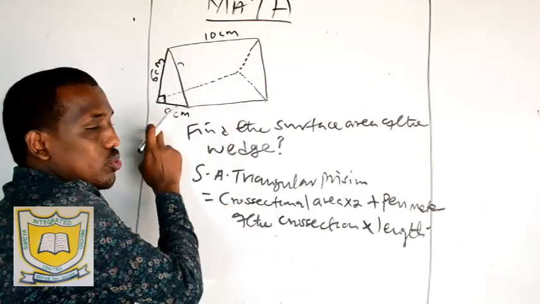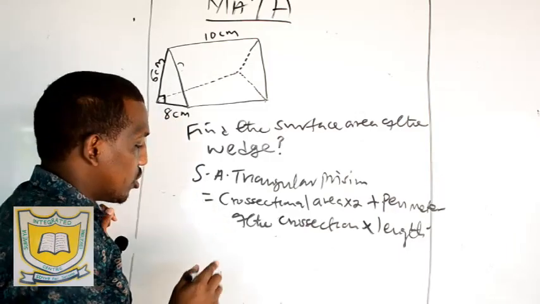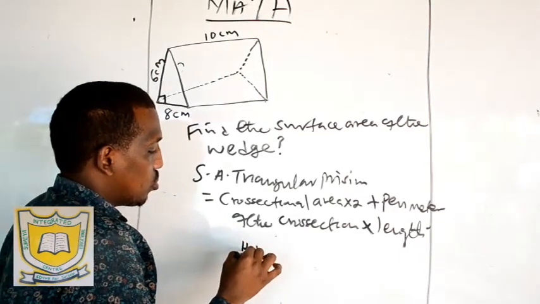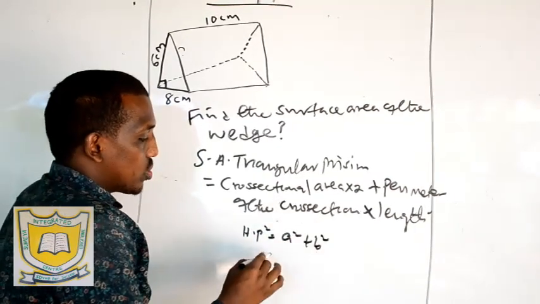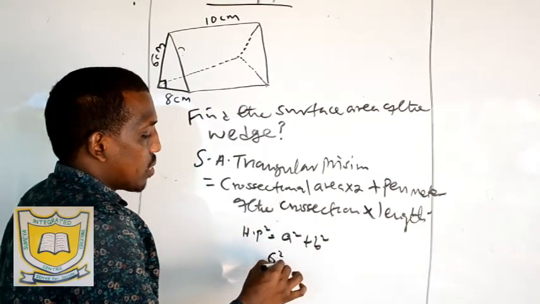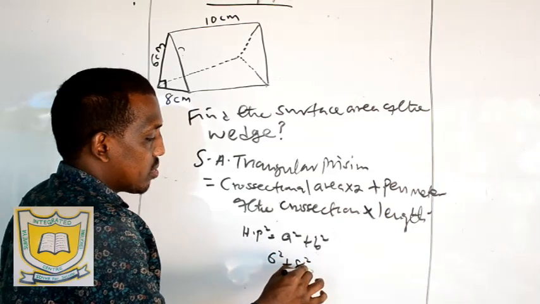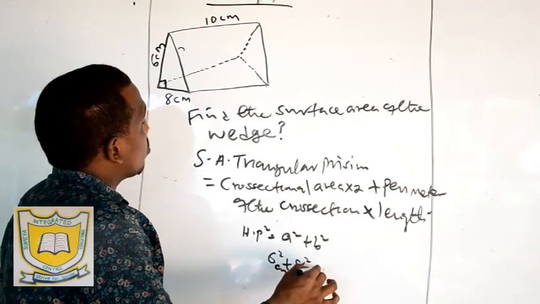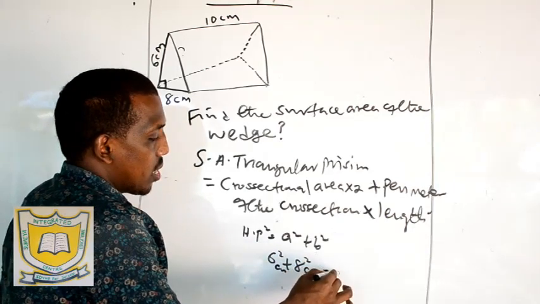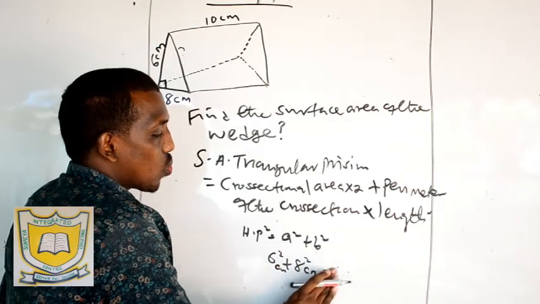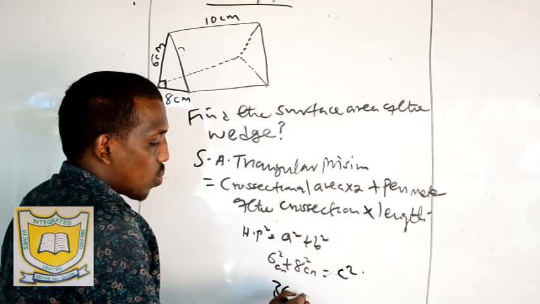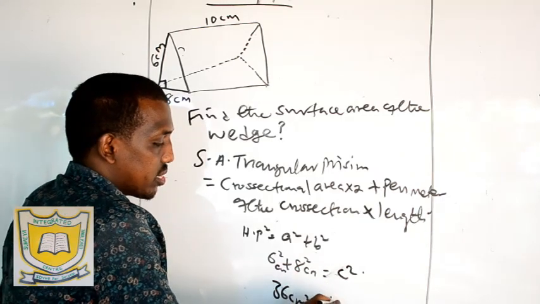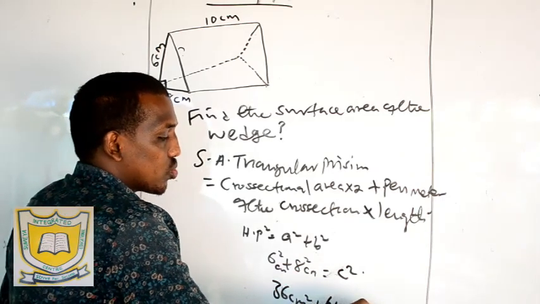How do we get the hypotenuse here? We use Pythagoras theorem. So hypotenuse squared is equal to a squared plus b squared, which is 6 squared plus 8 squared centimeter, which is equal to c squared. 36 centimeter squared plus 64 centimeter squared is equal to c squared.